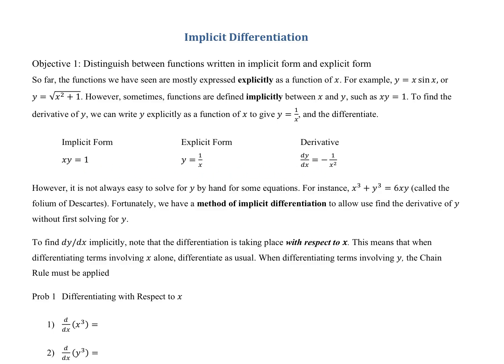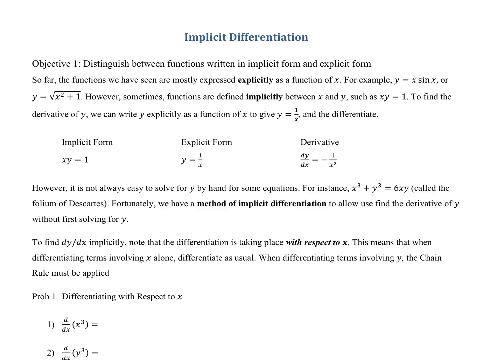However, it is not always easy to solve for y by hand for some equations. To name one example, like this one, x cubed plus y cubed equals 6 times xy. By the way, the graph of this is called the folium of Descartes. It is actually difficult to solve for y.